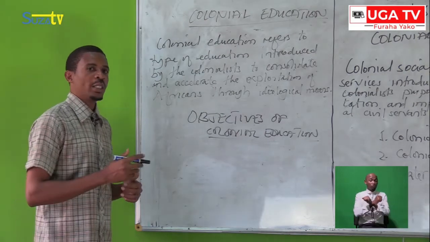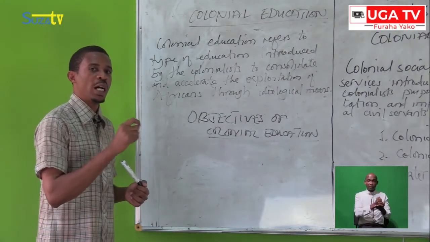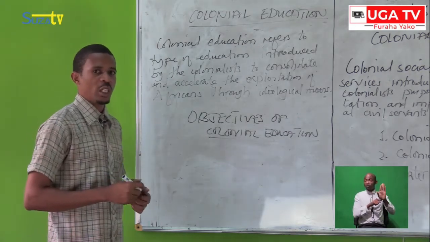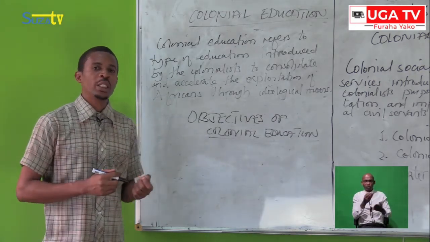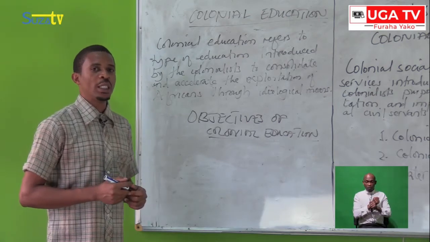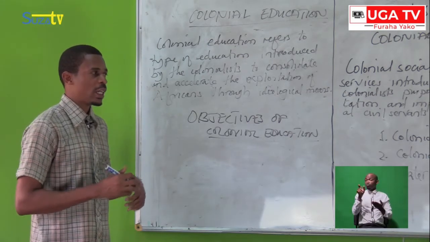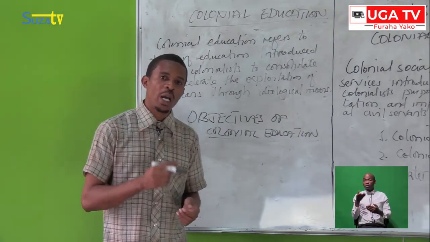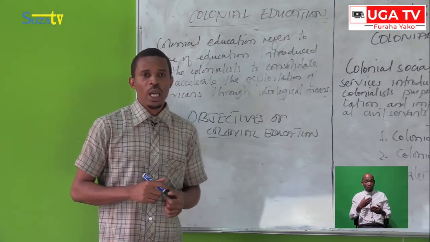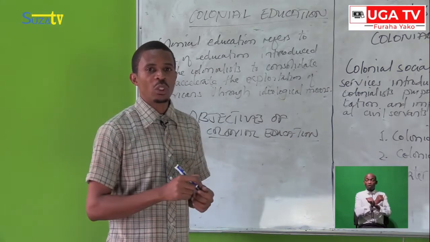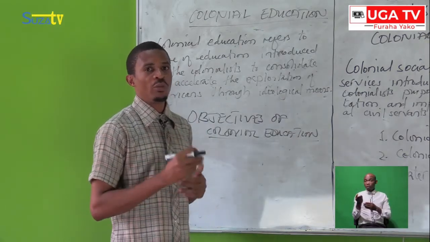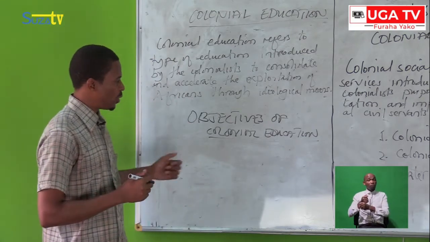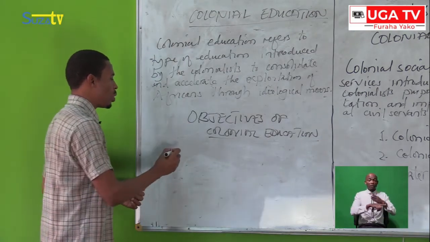So the whites decided to impart knowledge to very few Africans in order to get subordinates or assistants. These assistants were Africans who acquired colonial education and worked alongside colonial masters in performing some activities in Africa.